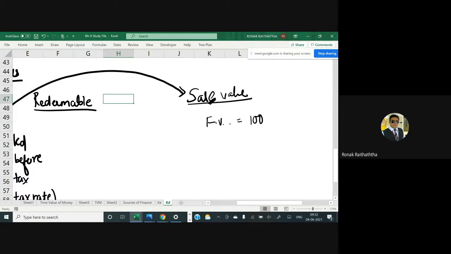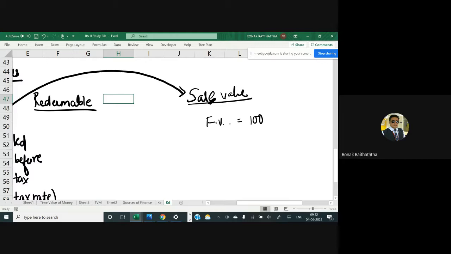If the company feels that no one would be subscribing to the debenture at 100 rupees of the face value, then they may issue it at a discount. And if company feels that the financial position of the company is very strong in the market, then they may issue it at the premium as well, right?